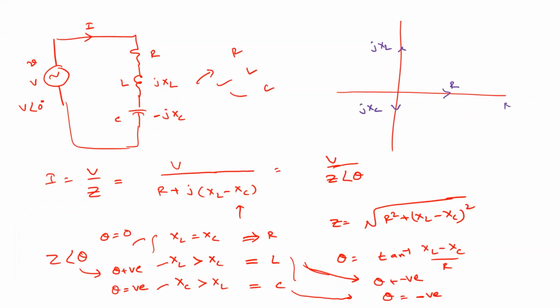Now we need to add these two. Will this be on the negative side or positive side if we add JXL and JXC? Positive, because the positive is higher. So this entire thing is J into XL minus XC. So we are not neglecting the value of XC.